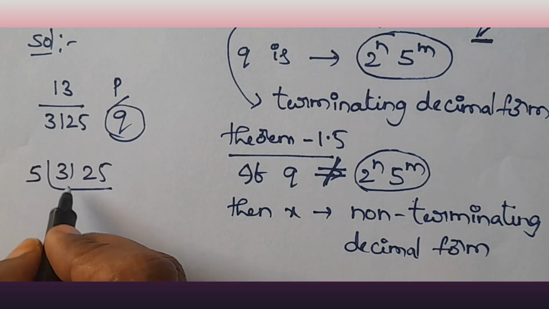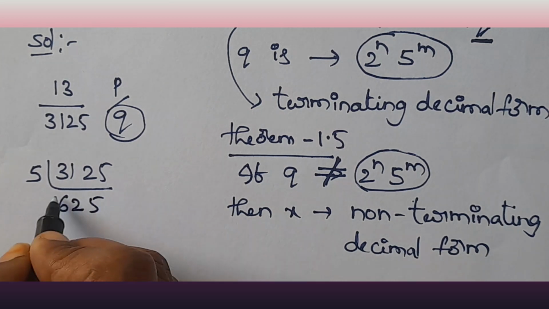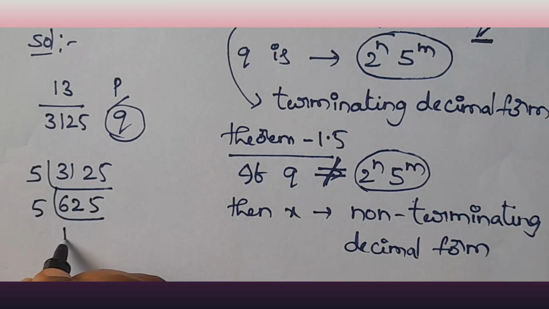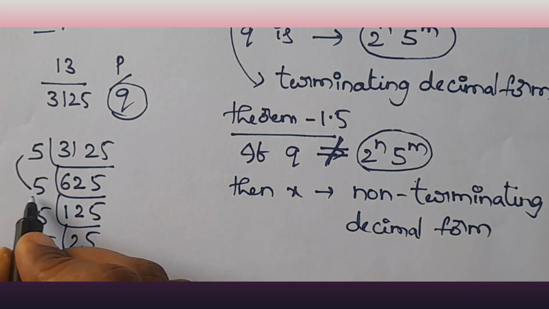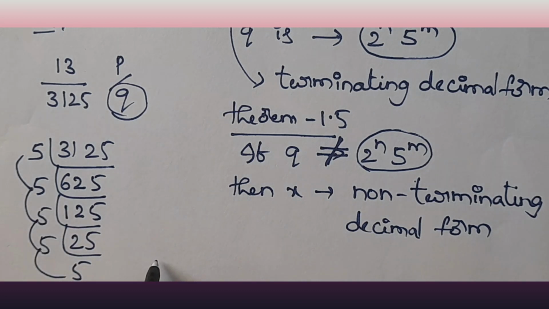Factorization of 3125: 5 6s are 30, 5 2s are, next 5 5s are, 5 125s are 625, 5 25s are 125, 5 5s are 25. Therefore 3125, which is the denominator, is equal to 5 power 5.